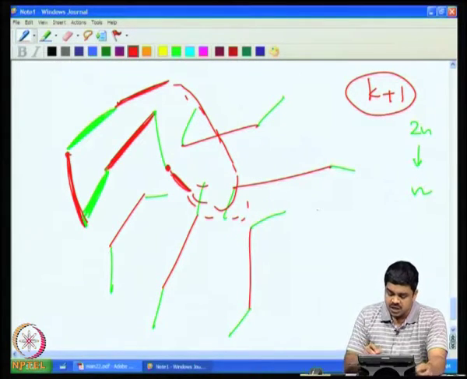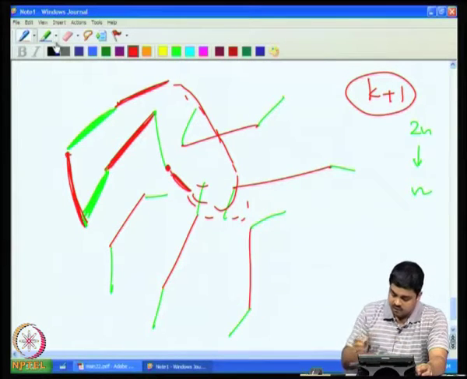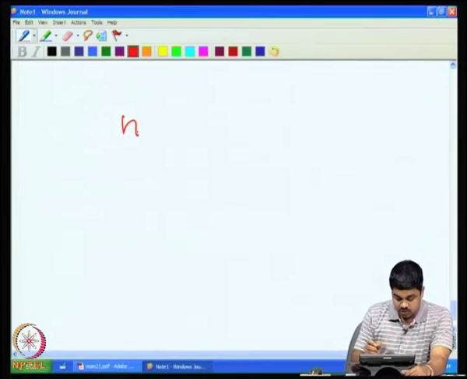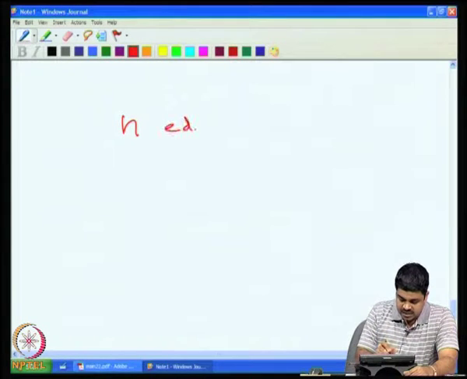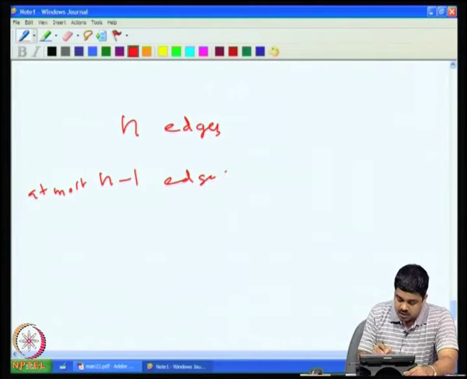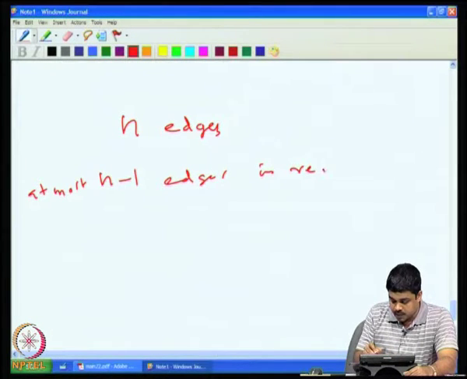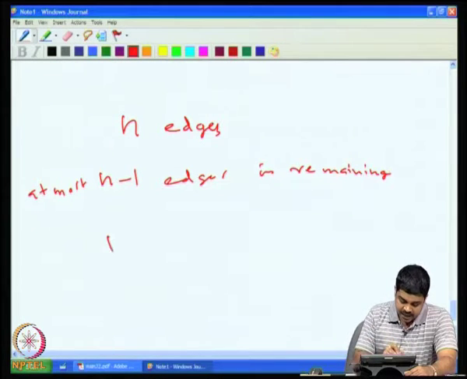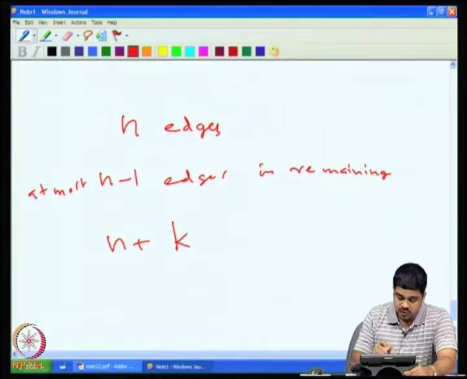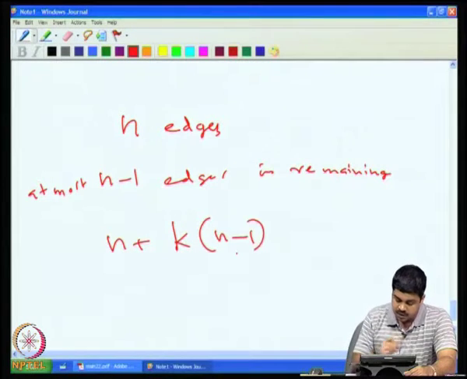So one of the color classes can have n edges in it. The remaining ones have at most n minus 1 edges each. So the total number of edges can only be n plus k times n minus 1, right.